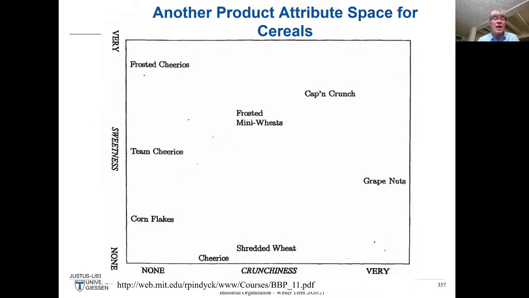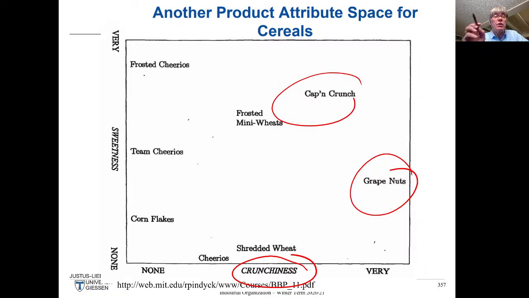Yeah, and you can do more of that and introduce another characteristic, which would be crunchiness. So you do that in 2 dimensions, or you might even do it in 3 dimensions, and it gets more complicated. And you see here, Pindyck really did a good job in coming up with even more examples like Captain Crunch or Grape Nuts or whatever it is.